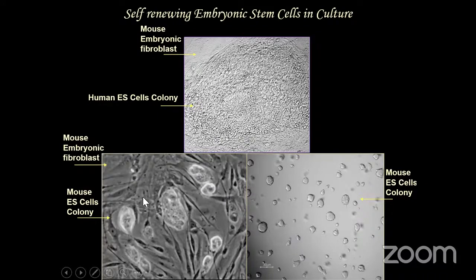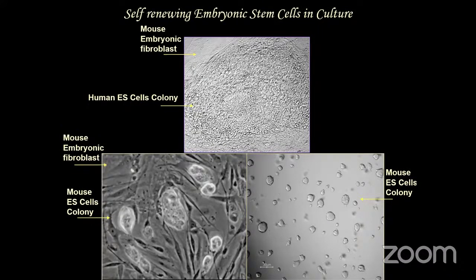So for the mouse stem cells, if you see, in the background you can see some cells which are fibroblasts. They form like a feeder layer, or they provide specific factors for the cells to remain unspecialized. For those working on embryonic stem cells, it's very critical to keep in mind that the cells should remain unspecialized, or in a blank slate-like state.